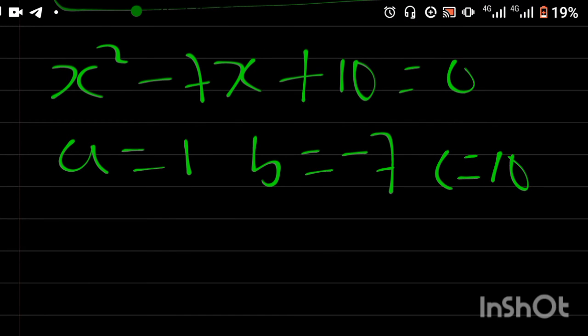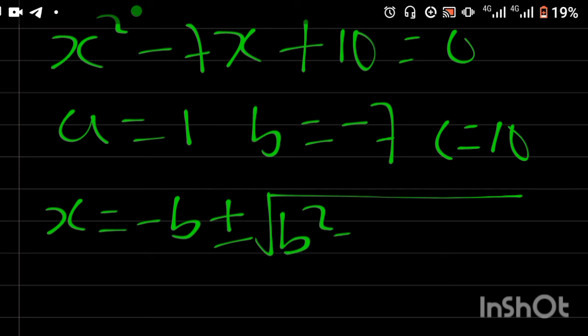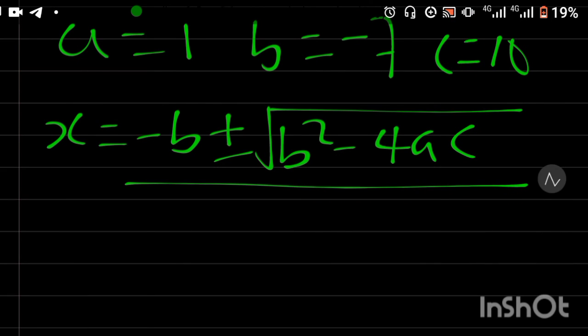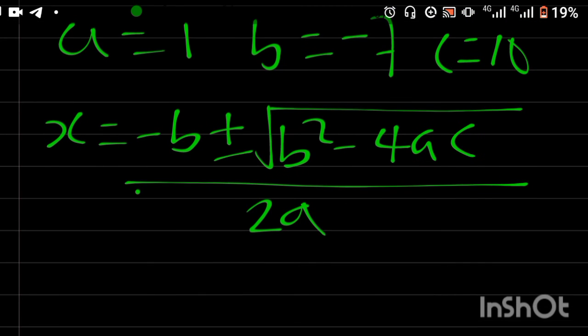Comparing this equation with the general form of a quadratic equation, quote your formula before you start substituting. x is equal to minus b plus or minus square root of b squared minus 4ac all over, take note of something, this line is going under everything we have there, therefore over 2a. Don't forget my a is 1, my b is minus 7, and my c is 10.